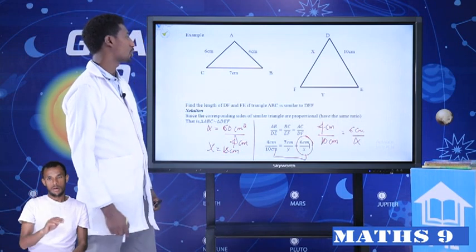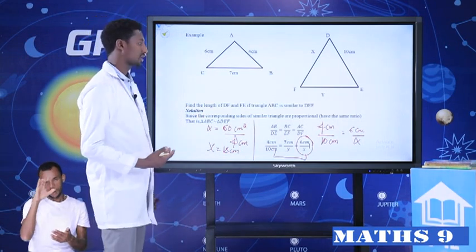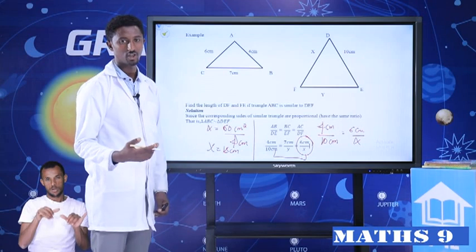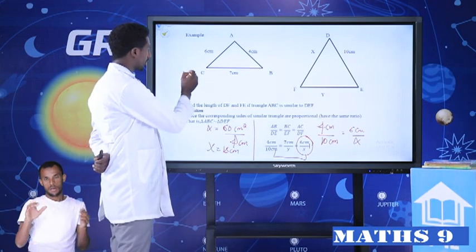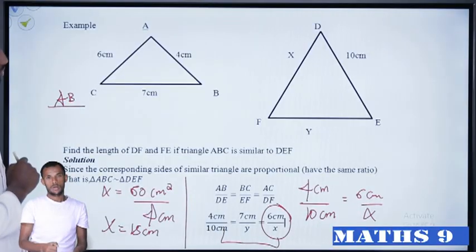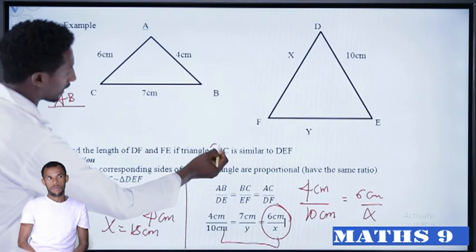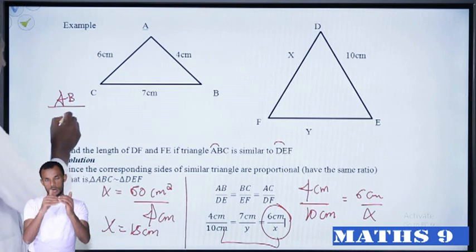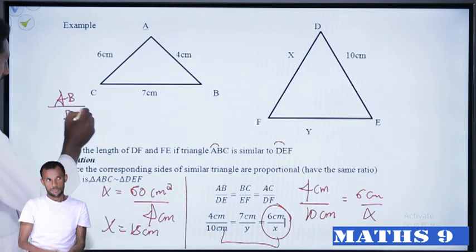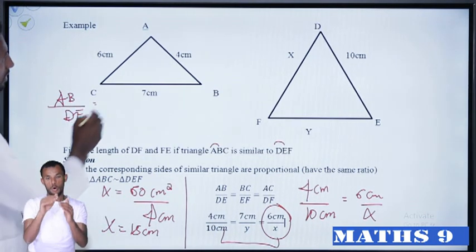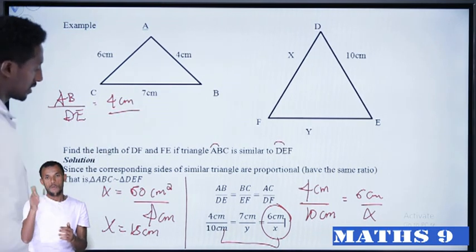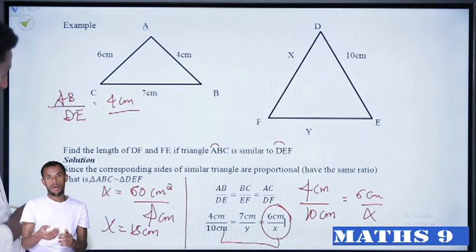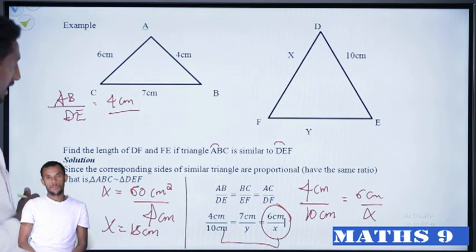And even here, you can find the constant of proportionality, or the value of the ratio. Here, AB corresponds with DE, so AB over DE equals, what's AB? That's 4 centimeters over, and what is DE?